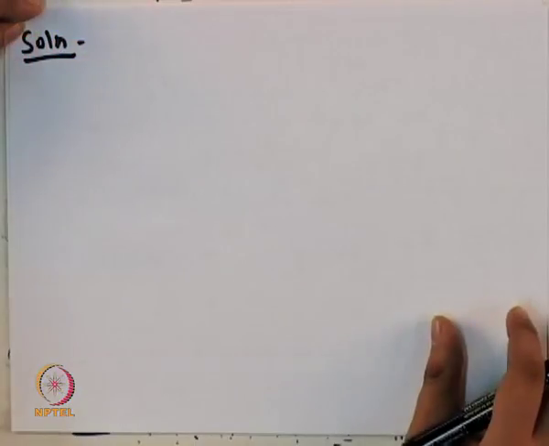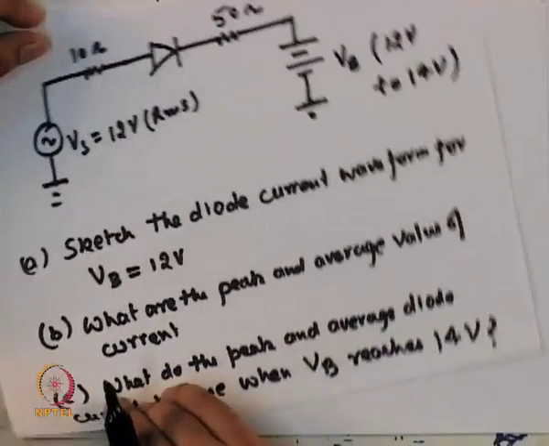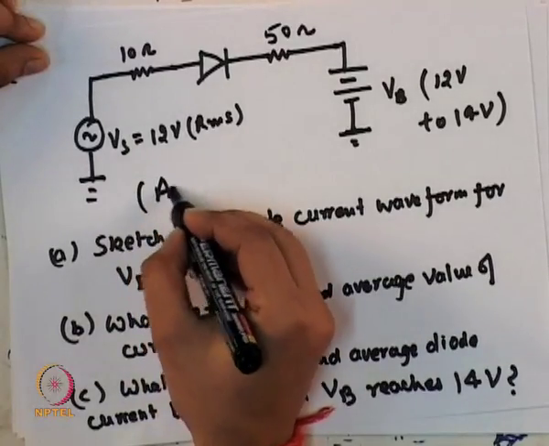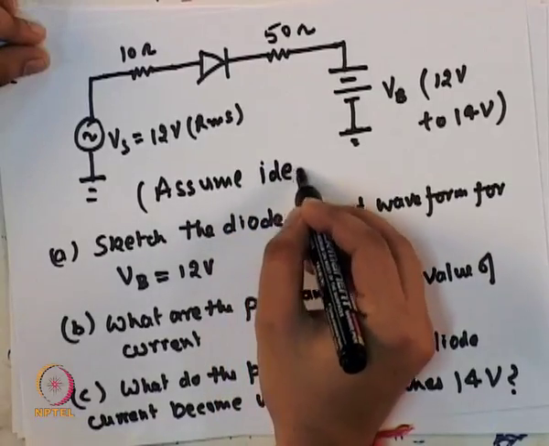A part is asking to sketch the diode current waveform for VB equal to 12 volt. So first let's see, there is one thing given in this circuit. Assume ideal diodes.